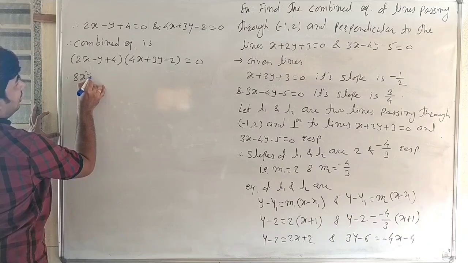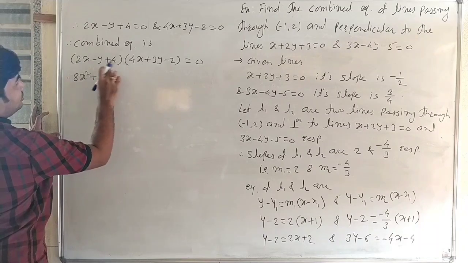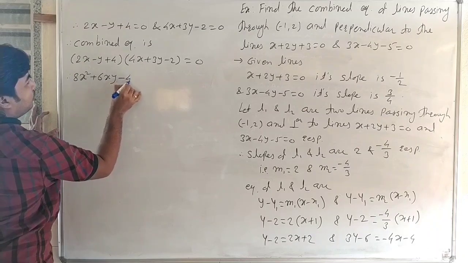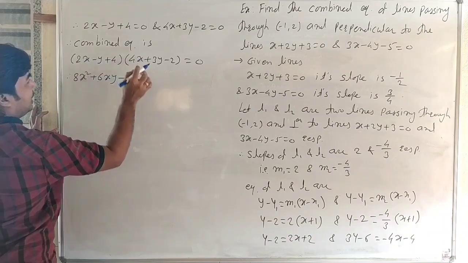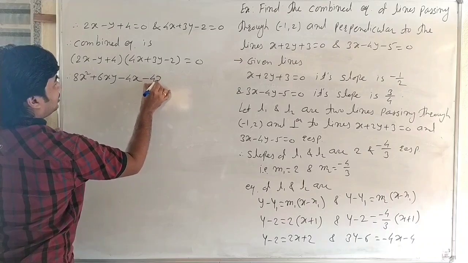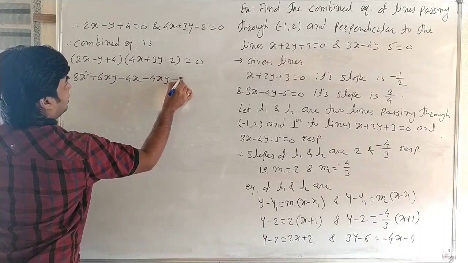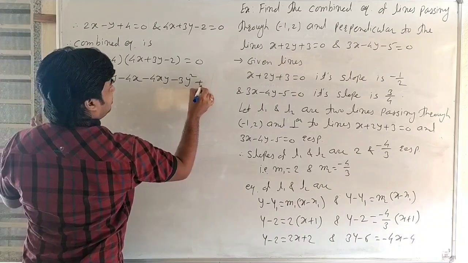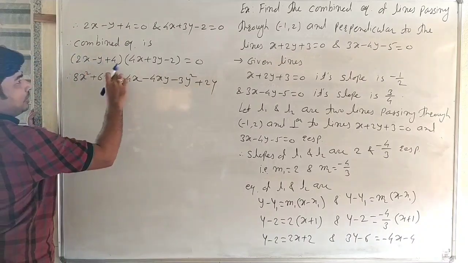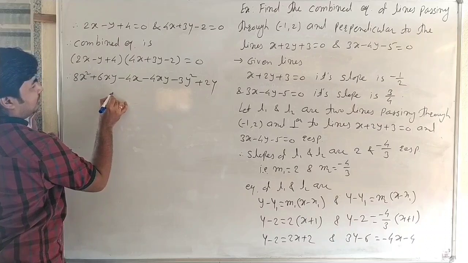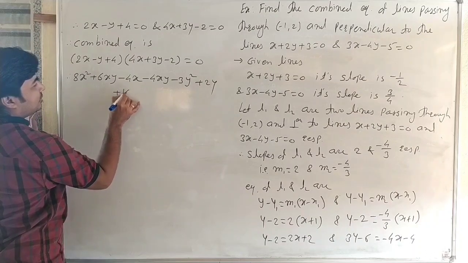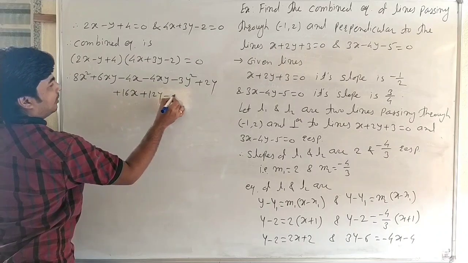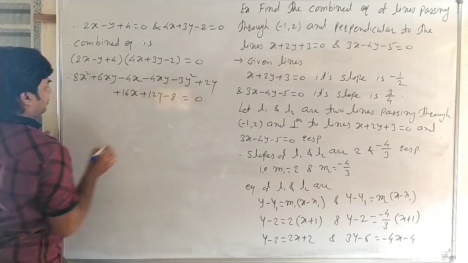Then 8x square, then 6xy, minus 4x, then multiplying by -y: -4xy - 3y square, and plus 2y, then multiplying by +4: plus 16x plus 12y minus 8 equals 0.